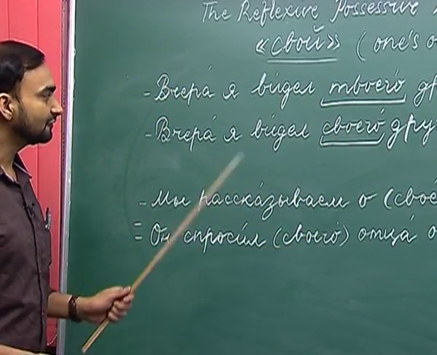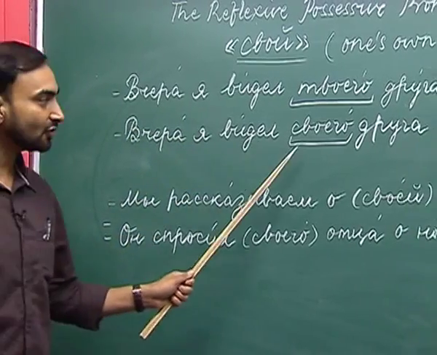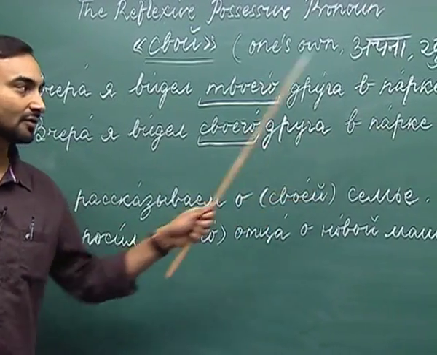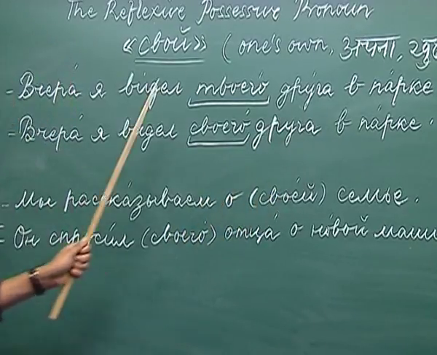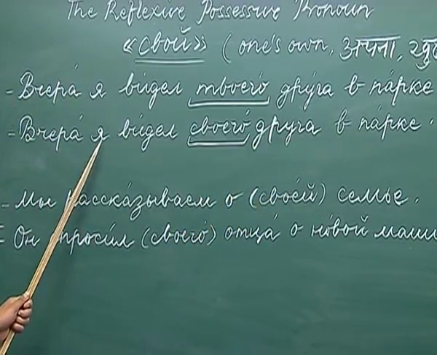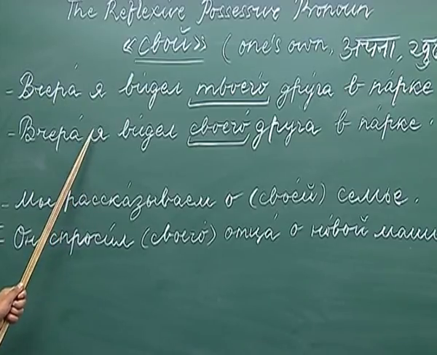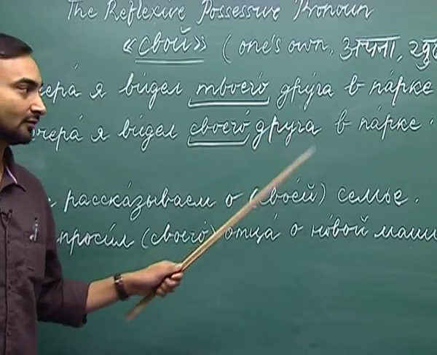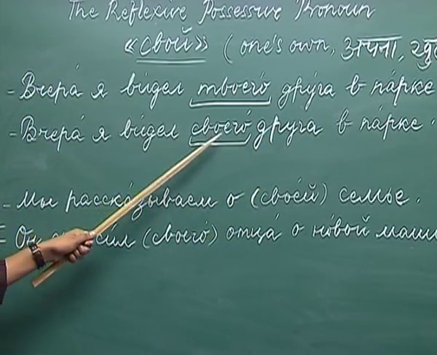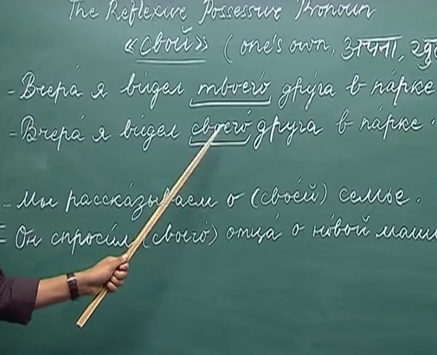Next sentence, вчера я видел своего друга в парке. So here друг is something that is directly related to the subject, which is я. So я is talking about something of his own. That is why we are using the reflexive possessive pronoun свой here.